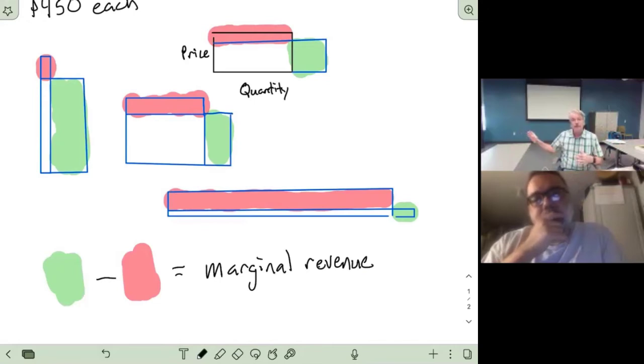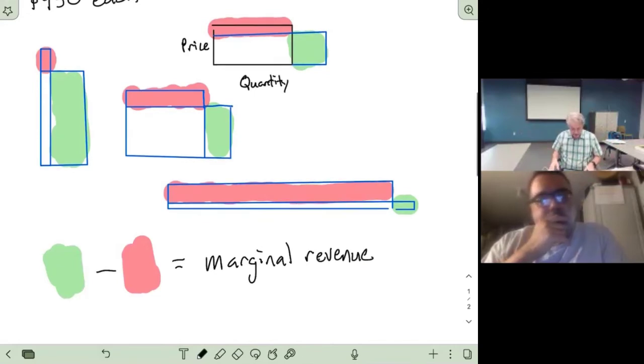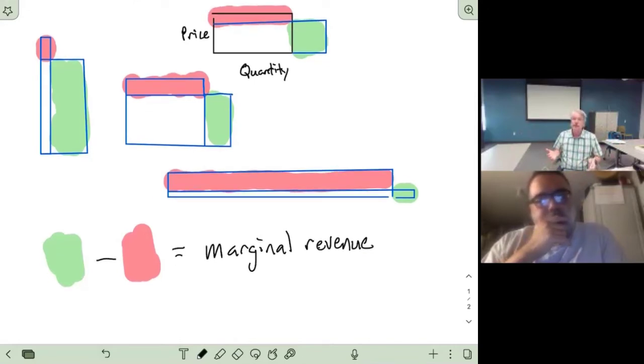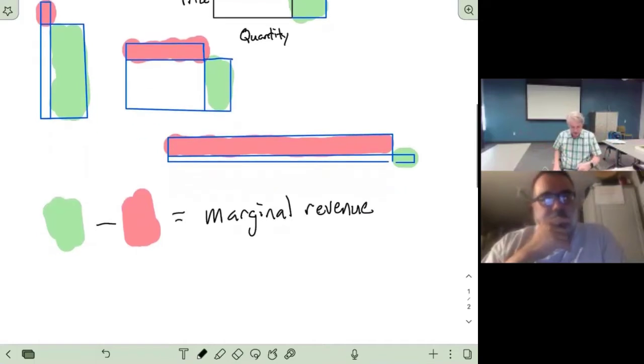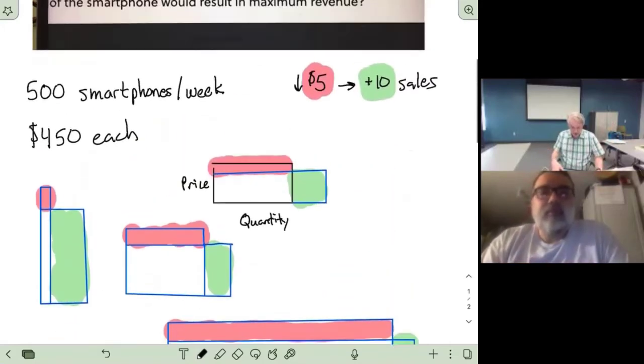If you thought about it in that second way, then this would be sort of the marginal revenue in terms of how much you sell. And to maximize revenue, you want the marginal revenue to be exactly zero, because then you're not able to squeeze any more green benefit out without having too high of a red cost. So that's what we're going to look at here.